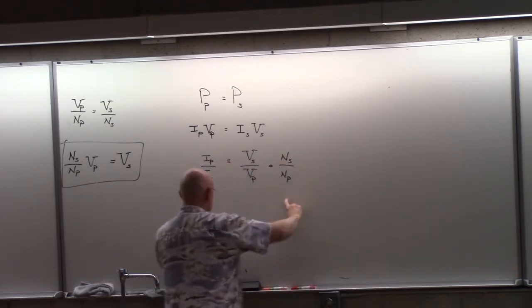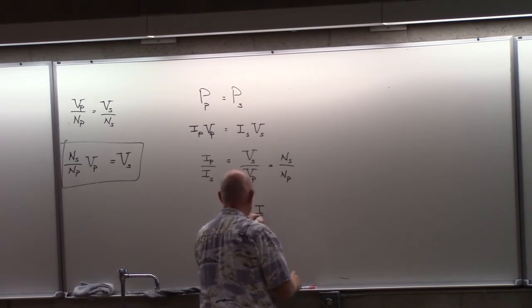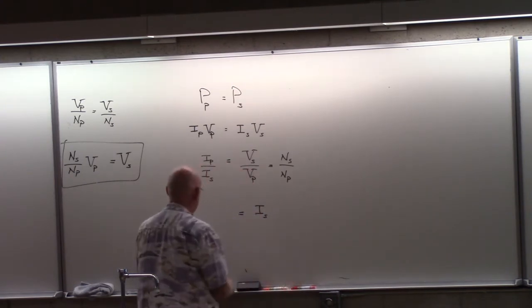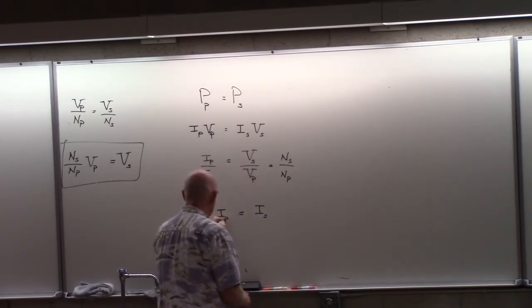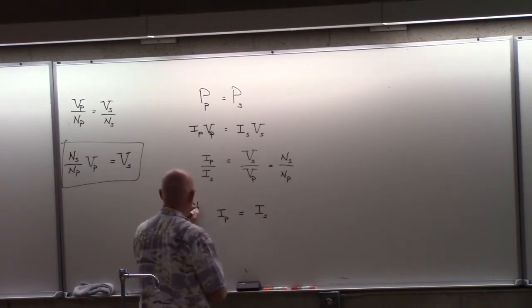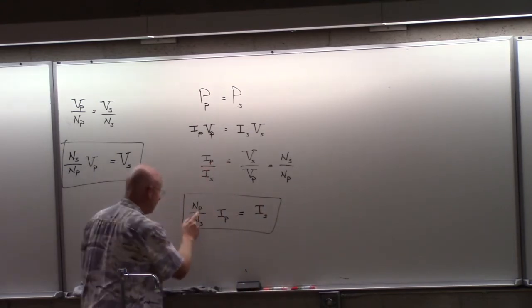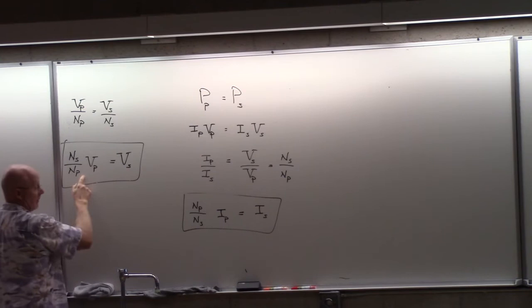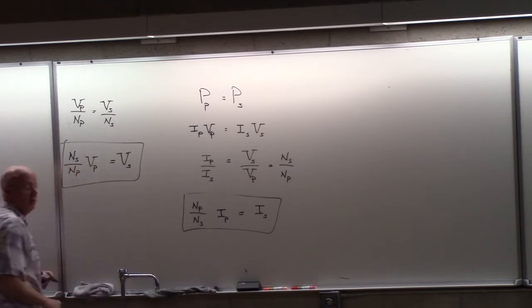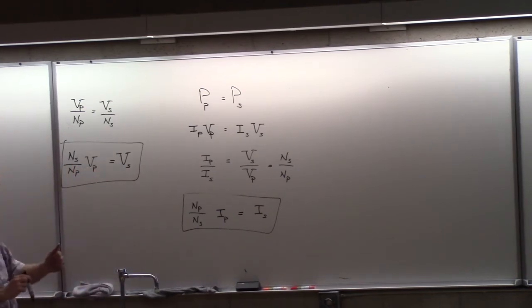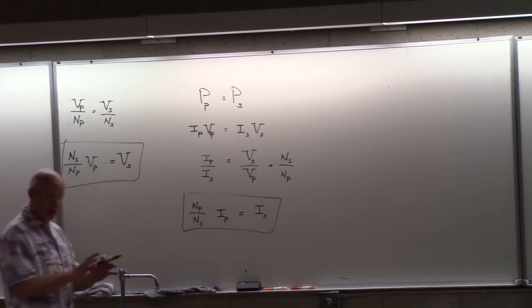And so if you solve for the current in the secondary, it's going to be equal to the current in the primary divided by this ratio of the number of turns. But notice the primary is on top, so there's the reverse effect for the current compared to the voltage. So if the voltage is stepped up, the current is stepped down, or the other way around.